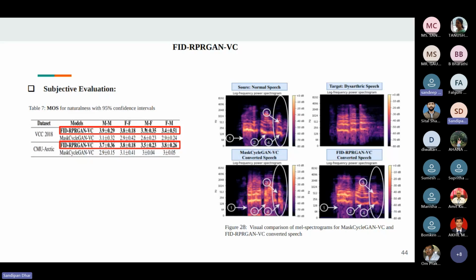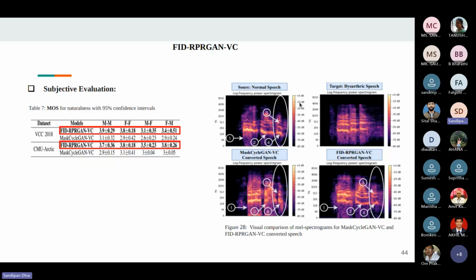From the normal speaker in the source domain, we can perfectly extract the formant information, that is the content-related information. But the vocal features that we extract from the dysarthric target speaker, we superimpose over the content of the normal speaker's speech. I hope I make you understand.